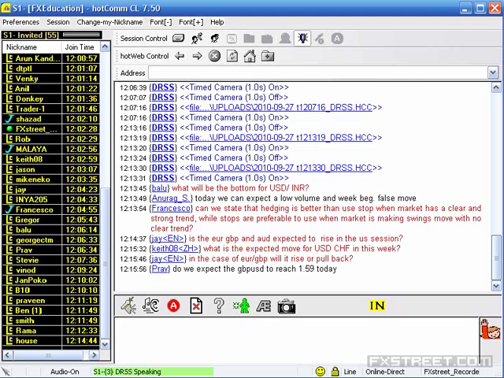Can we state that hedging is better than using a stop when the market has a clear and strong trend, while stops are preferable when the market is making swing moves with no clear trend? You can choose according to your convenience.